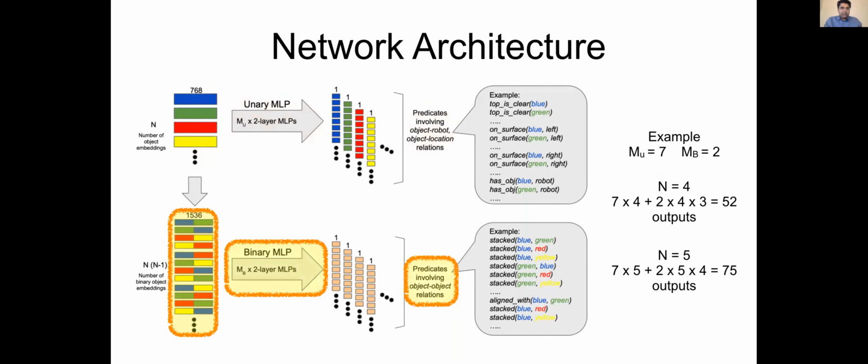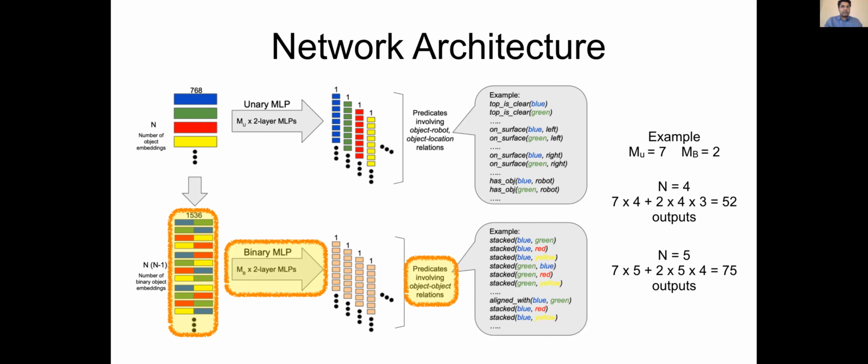The other type of predicate statements involves pairs of objects. For example, we can ask: is object A stacked on top of object B? And we can also ask: is it aligned with the object before a place action?